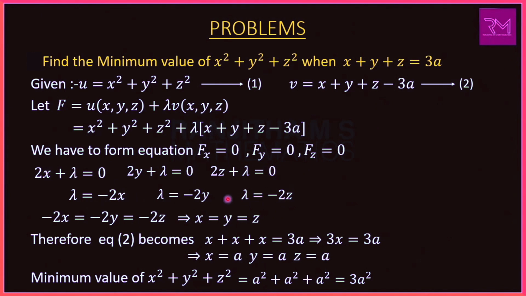After finding the lambda value, we get the values of x, y, z. To find the values of x, y, z, we have to substitute in the given condition. After finding the x, y, z values, we have to find the minimum or maximum value. Substitute those values in the function u. We get the minimum value or maximum value for the function. This completes the problem.